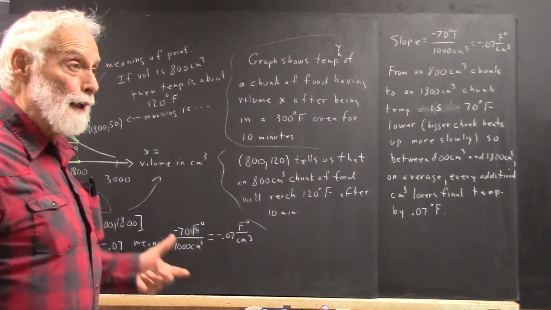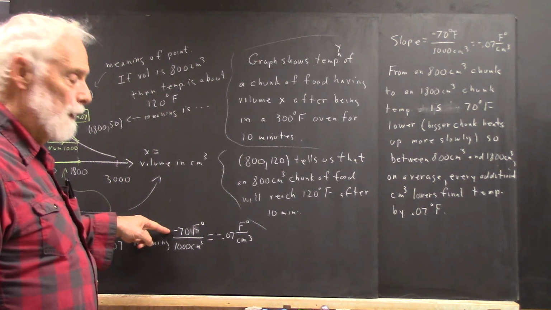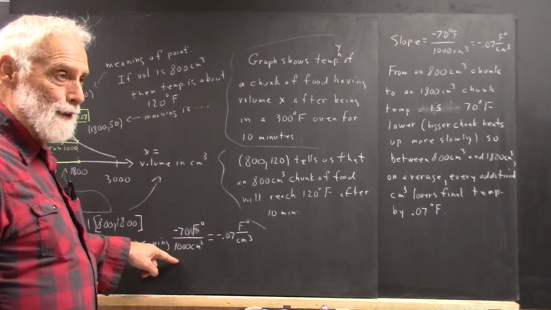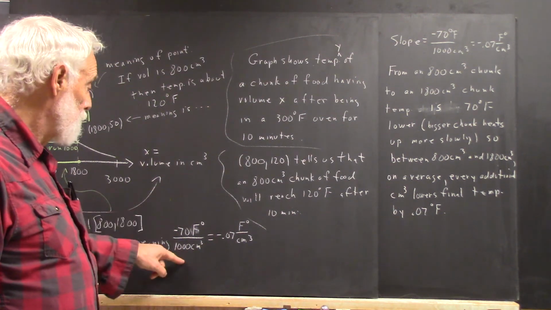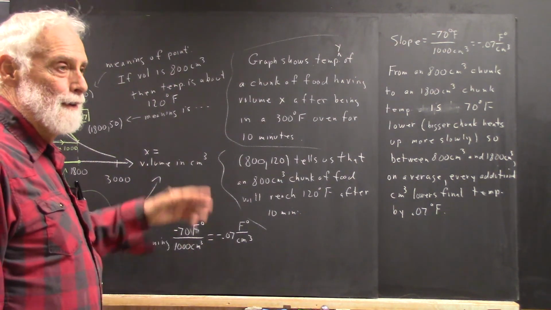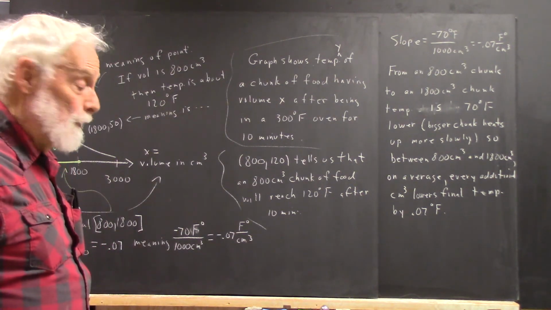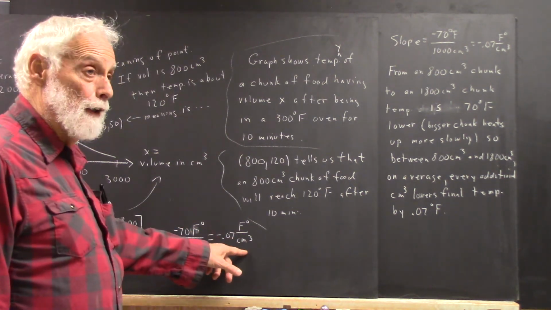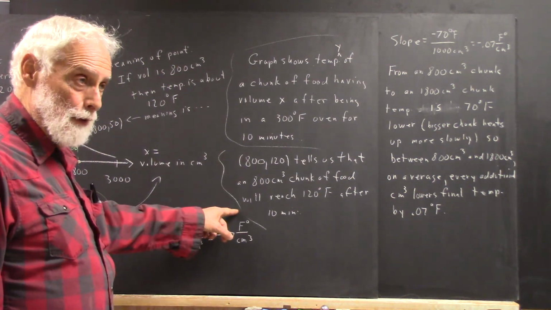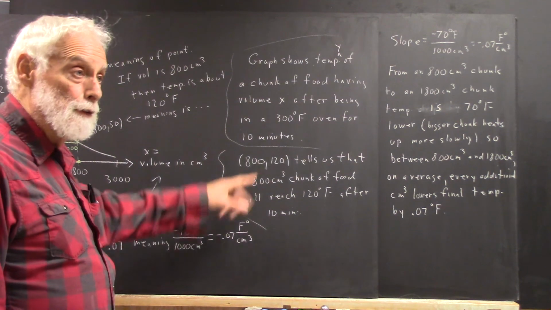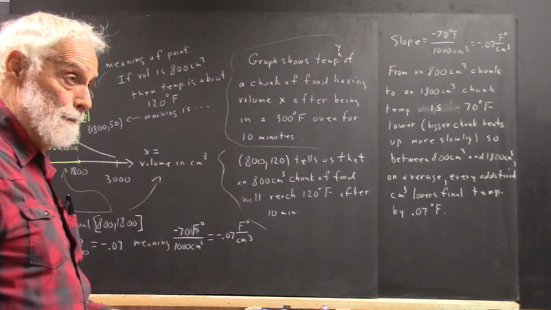The rise has a meaning: in this case, something's 70 degrees Fahrenheit lower. And the run has a meaning: it's 70 degrees Fahrenheit lower if it's 1,000 cubic centimeters greater in volume. So for every cubic centimeter greater in volume, there's going to be a 0.07 degree Fahrenheit difference in the final temperature.